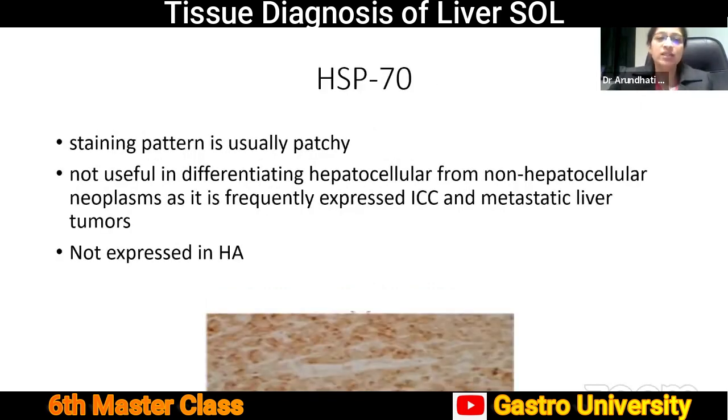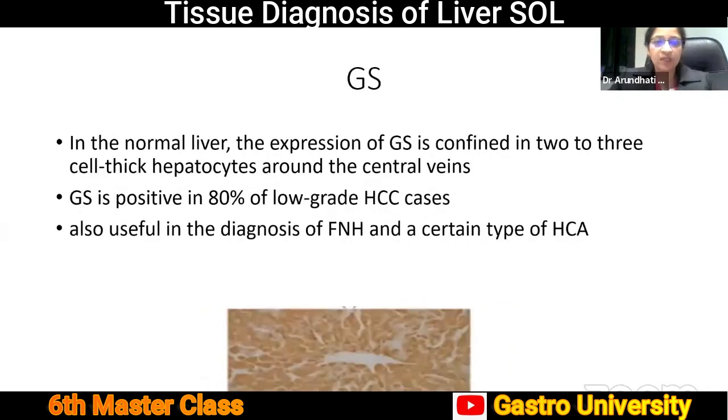HSP, the staining is usually patchy. It's not expressed in hepatocellular adenomas, but it does have a disadvantage that it is not useful in differentiating hepatocellular from non-hepatocellular neoplasms because it's quite often expressed in ICCs as well as metastatic tumors.